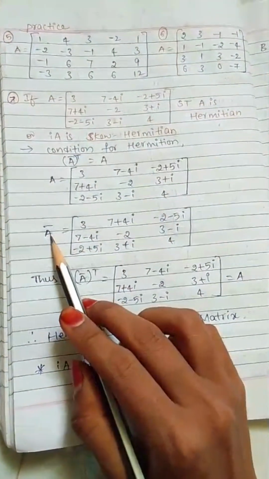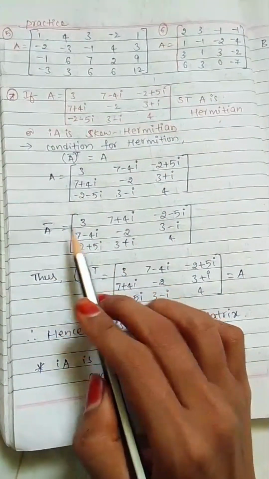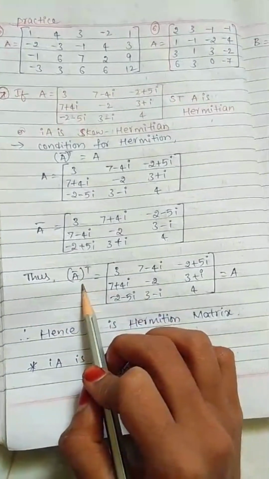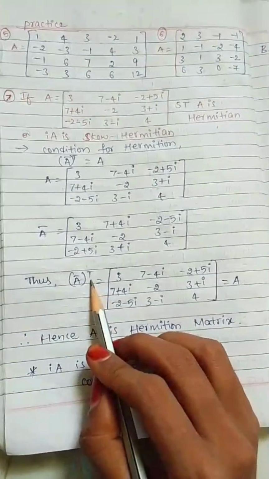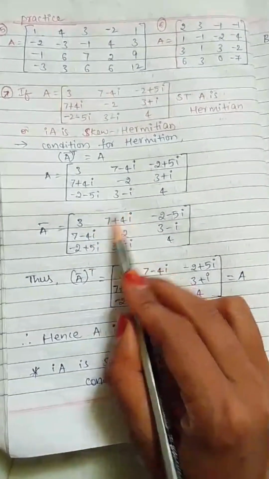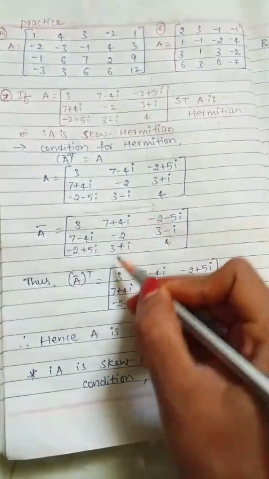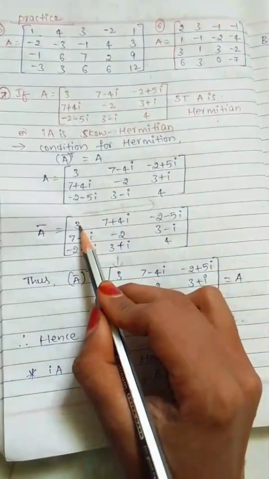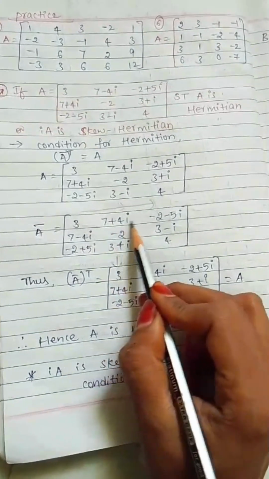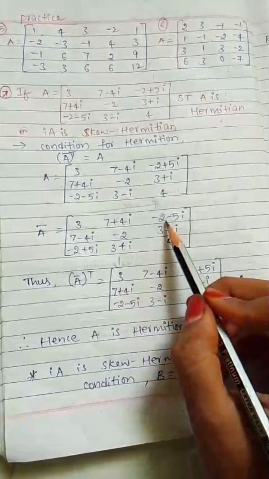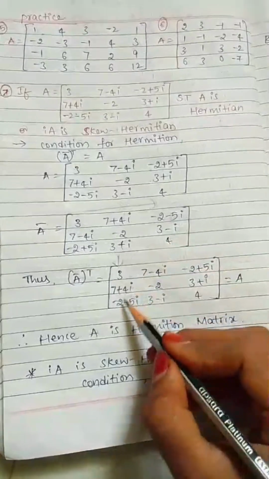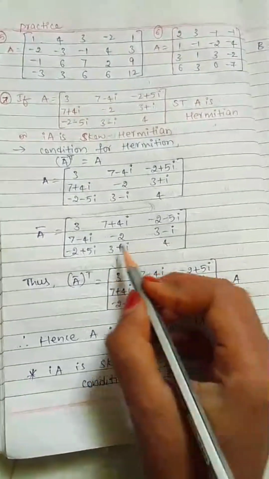I have taken the conjugate of this A. Then I have to do the transpose for this. Transpose means whatever the rows I have, change to columns. Write this row as this column. For example, 3, then 7 plus 4i, 7 plus 4i. Then minus 2 minus 5i, minus 2 minus 5i.